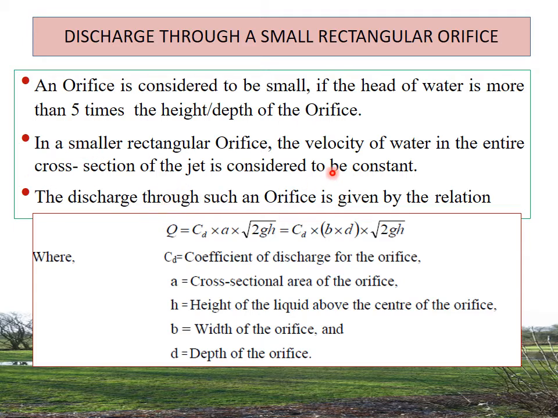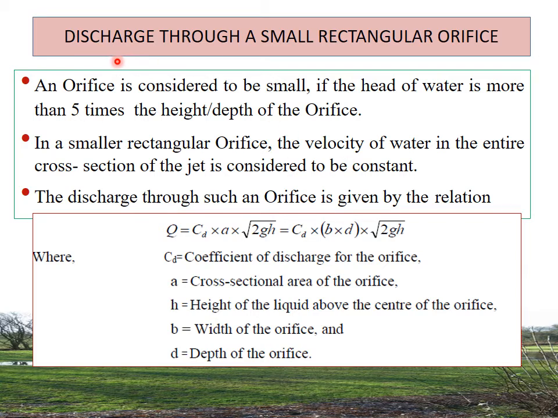Whenever the head is less, the orifice diameter is more, so more water flows out with less head available. The orifice is the bigger one, that's why it is called a large orifice. So this is the small rectangular orifice and the large orifice.